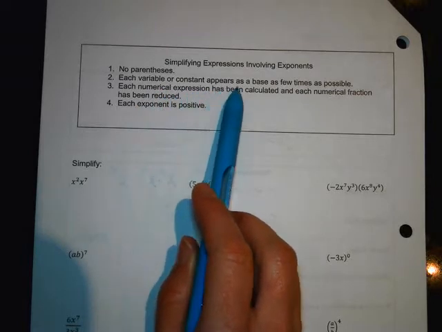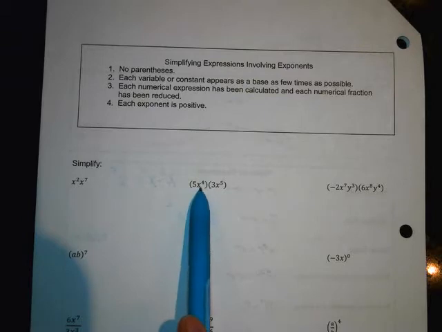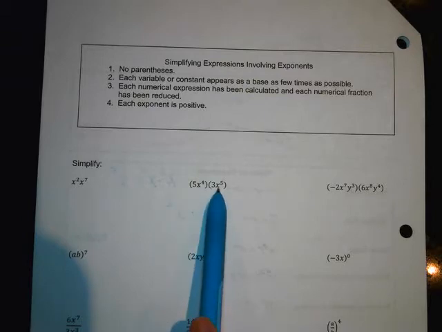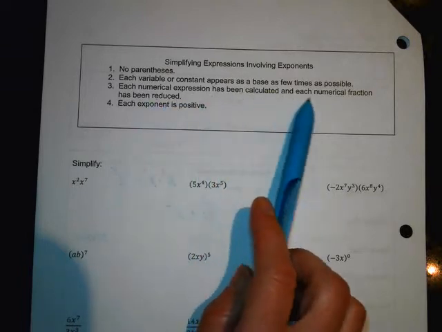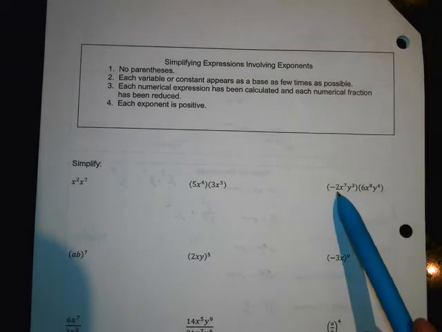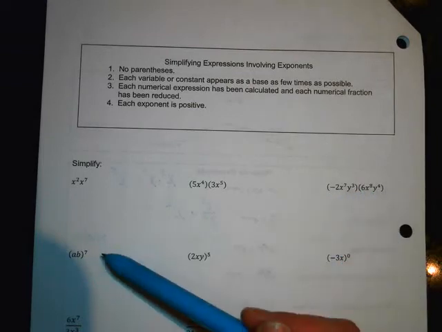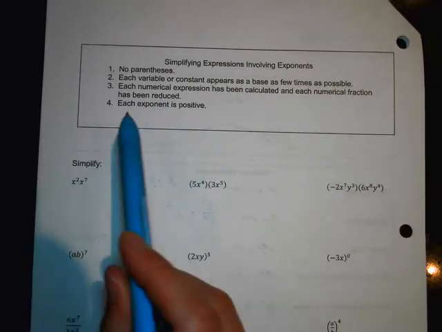So, for example, if you have 2 x's, you better only have 1 in your answer. Make sure you evaluate numerical values. So make sure you're like negative 2 times 6, you put negative 12. If you have a fraction, make sure you reduce the fraction. And then make sure each exponent is positive.